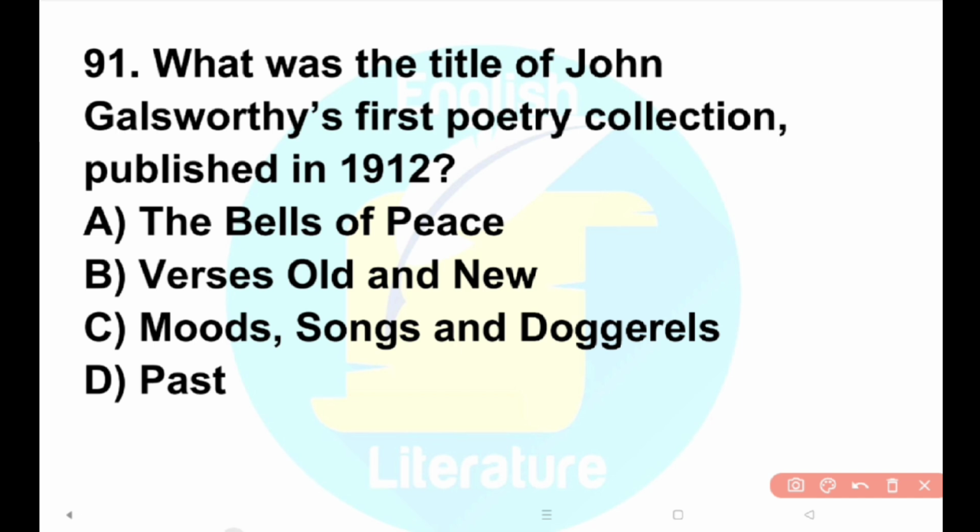Next, what was the title of John Galsworthy's first poetry collection, published in 1912? Option C, Moods, Songs and Doggerels. Released in 1912, this is Galsworthy's first published poetry collection, showcasing his early poetic efforts.